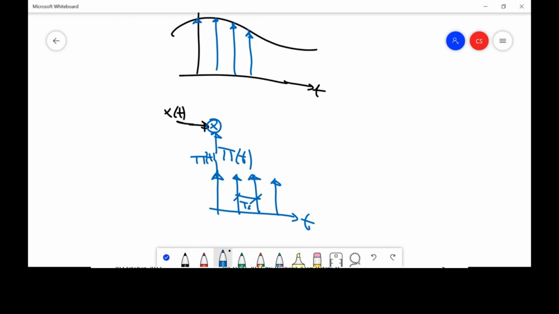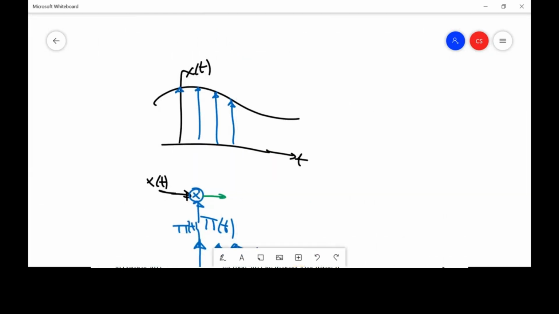And then this is the multiplication of them. Those are actually the multiplication of the blue one with the black one. That is why it follows the shape of the black one.